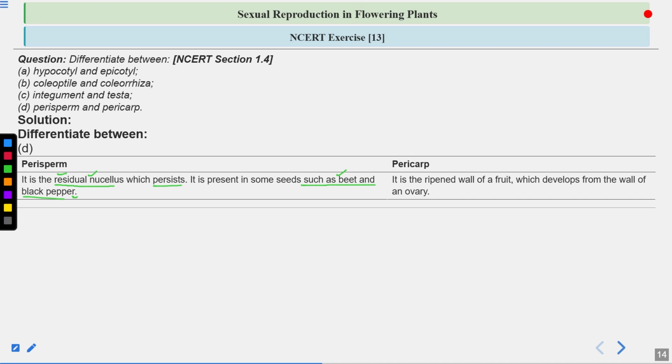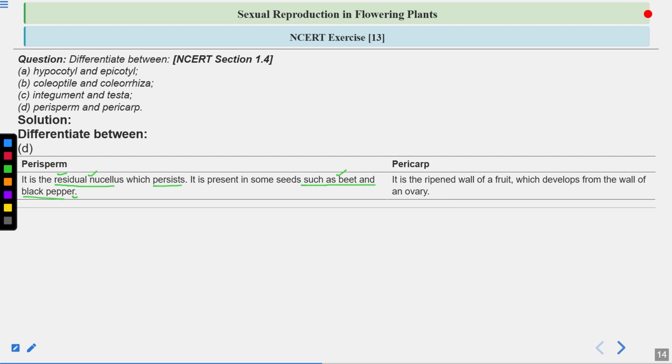That residual nucellus, or leftover of the nucellus cells, is called perisperm. Now, the similar word is pericarp, but pericarp is totally different from perisperm. It is asked because these two terms are similar.